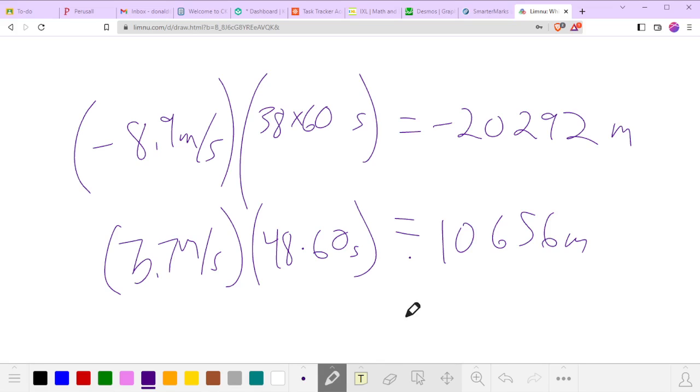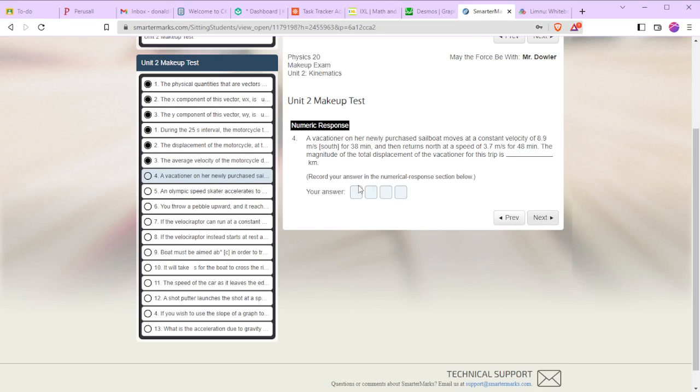All right, and when we add these up, it's a negative 9636 meters. So this vacationer has gone almost 10 kilometers south. And here we just have the magnitude, so we don't have to worry about the negative. The question is just asking for the magnitude of the total displacement, and it's asking in kilometers. So this rounds to 9.64.